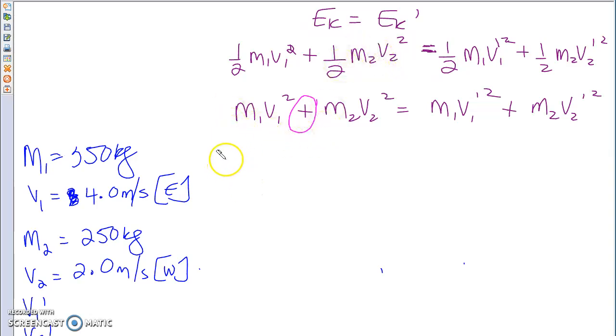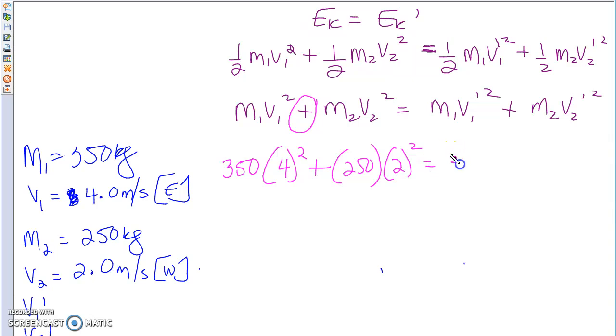All right, so we're going to add the numbers in. Now this becomes 350 times 4 squared plus 250 times 2 squared, which equals 350 times V1 prime squared plus 250 times V2 prime squared. What do you get when you do this?